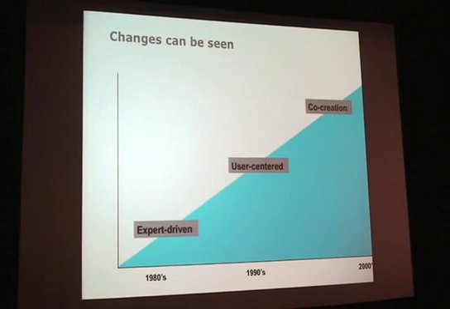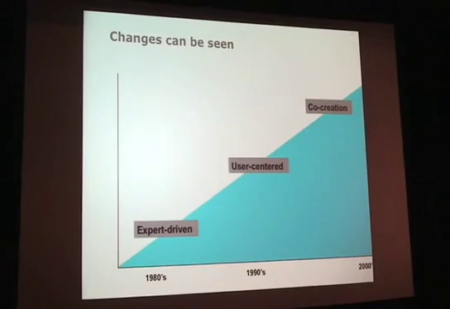You can think of this hill of change and see that it's been moving over the last 25 years from an expert-driven approach through a user-centered approach, and now quite a lot of discussion, excitement, and action around this term called co-creation.